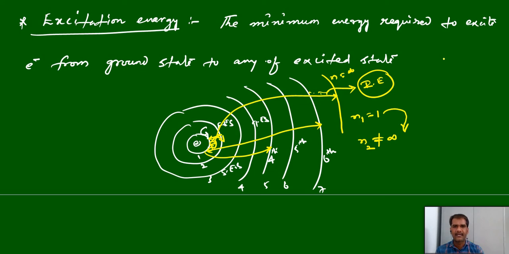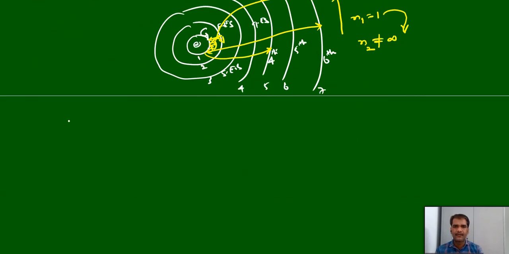These terms, you write them one by one. So here always n1 equal to 1. n2 may be 2, 3, 4, 5, and so on, but not equal to infinity.